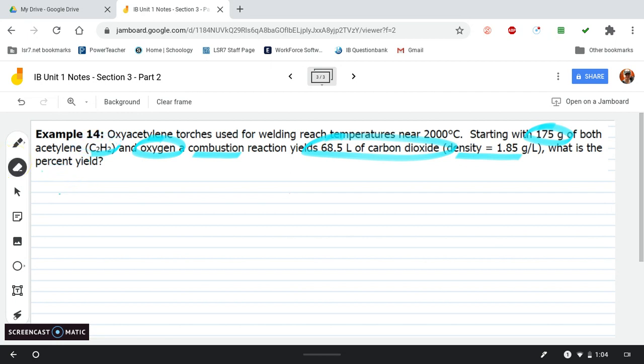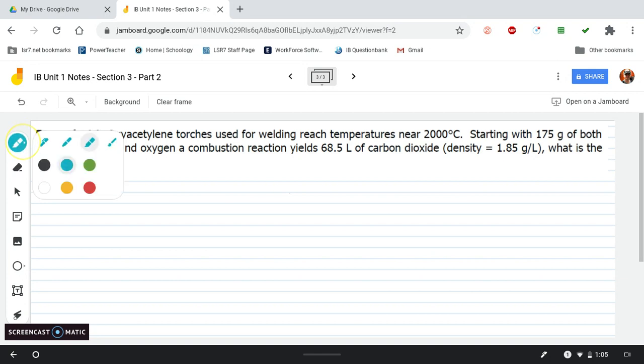So first of all, if they tell you that it's a percent yield problem, they have to tell you what happened in real life, because you don't have an oxyacetylene torch. You're not actually doing an experiment. So they have to tell you how much was created, and they have done that right here.